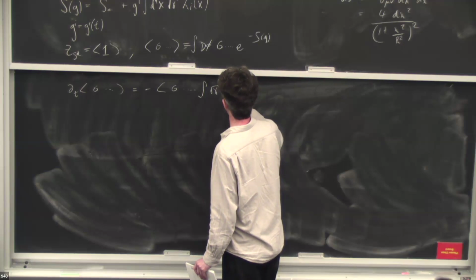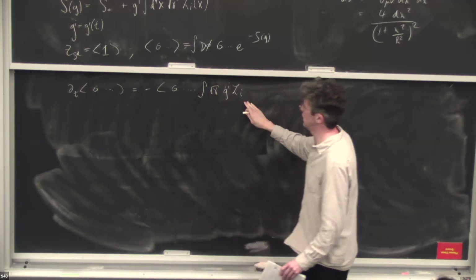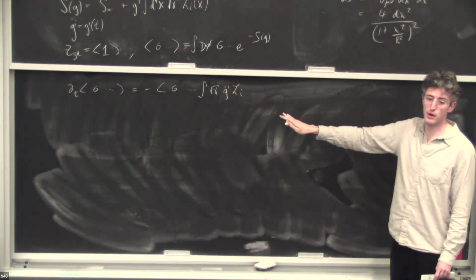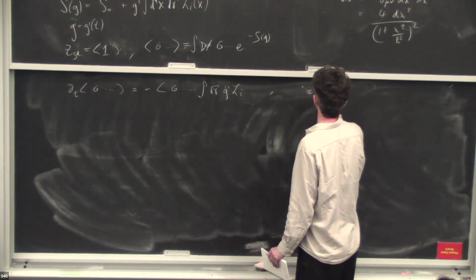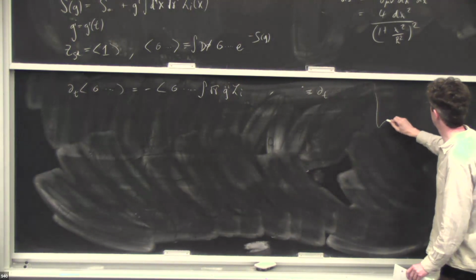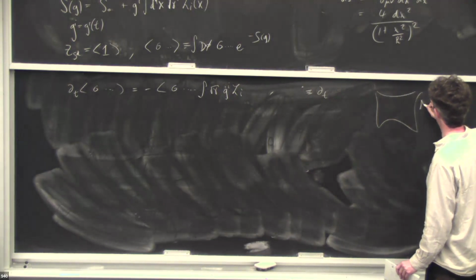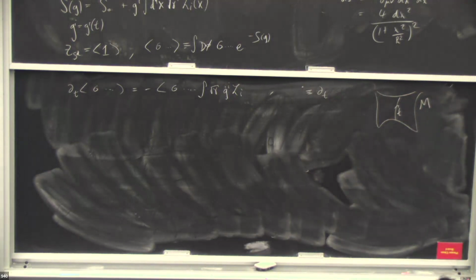What will happen is I'll get a contraction of the marginal operators with the derivative of g. I'm going to use the notation that dot is d by dt. This is the derivative along some trajectory. This is the conformal manifold, and I'm going along some trajectory parameterized by t. This is the space g^i.